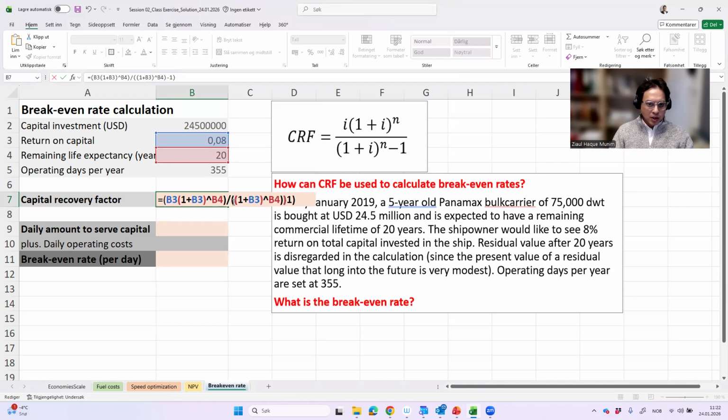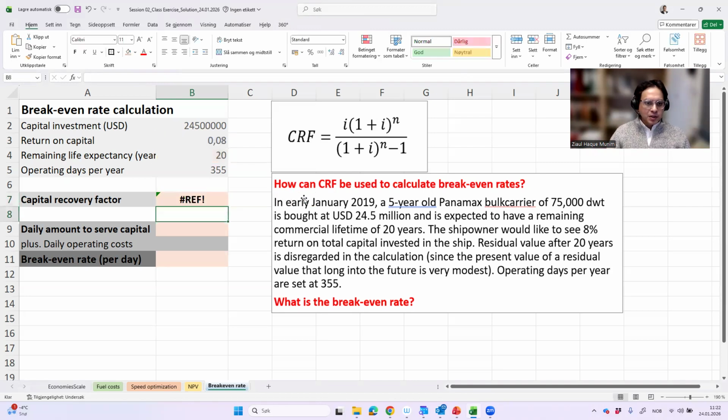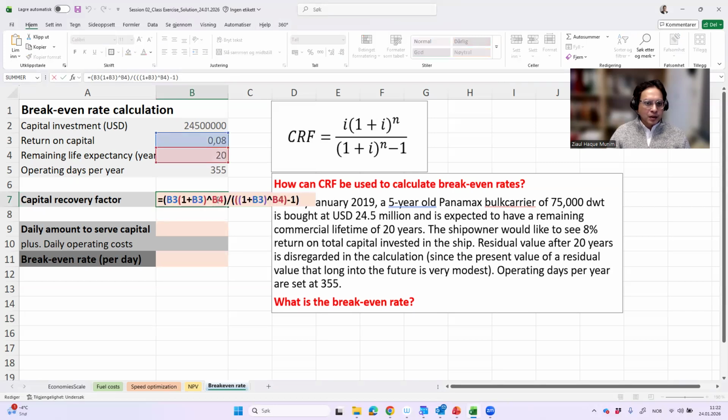So let's see if it works. Okay, so I have this formation. With the brackets, I'm just trying to separate the above part and the below part completely. Okay, so let's see if it works. It didn't work, so I did something wrong. Let me try to figure it out.